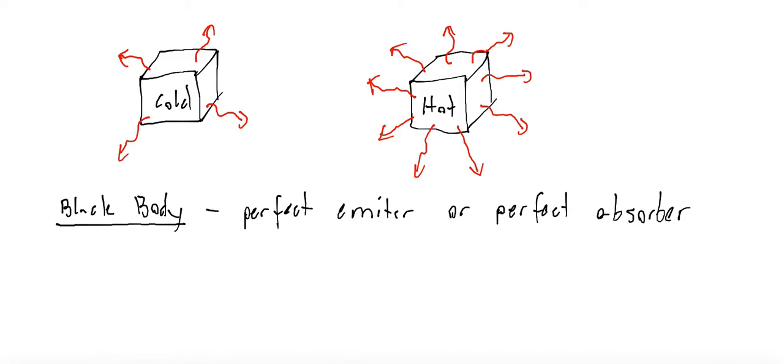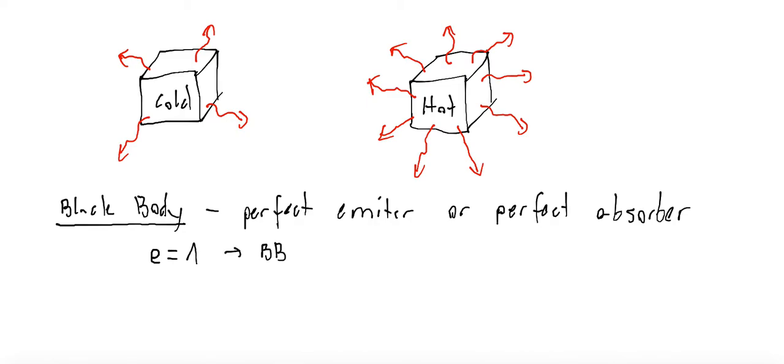Okay? There is a parameter which distinguishes a black body from other real objects. Remember that a black body is a theoretical object, a kind of model. So a parameter which distinguishes between a black body and real objects is known as emissivity. I will give you the definition of emissivity later, but now, if the emissivity of the object is equal to 1, then it is a black body.